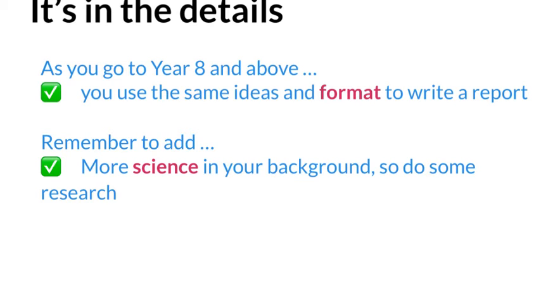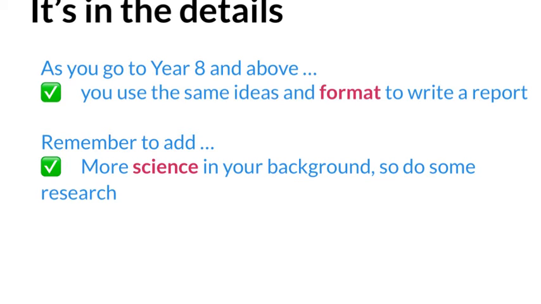Now, when you are doing this, remember to be concise. Don't waffle. If your project is about, let's say, photosynthesis, you don't add everything that needs to be said about photosynthesis. You look at what the aim or purpose of your whole project is, or your report is, and then you concentrate on that area.